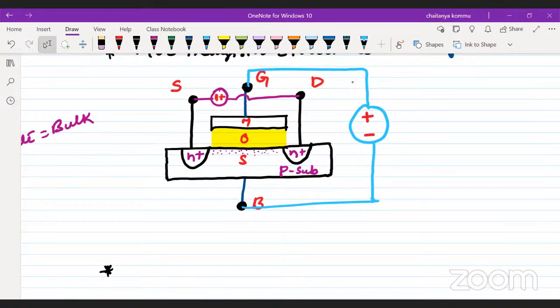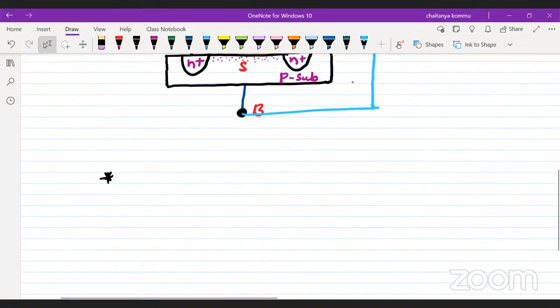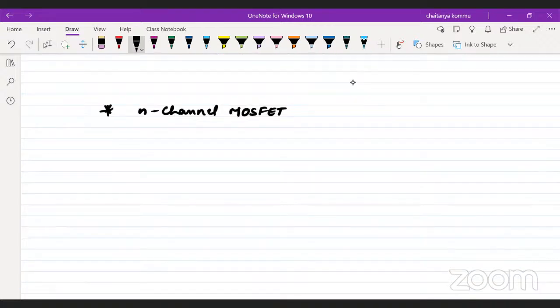This is all about the things that we have seen in the last class. And the symbolic representation also we have seen. This type of transistor is called an N channel MOSFET, right? That is the name we have given. And we have also mentioned the symbolic representation of this MOS transistor.